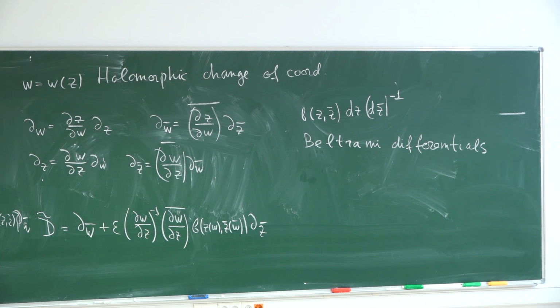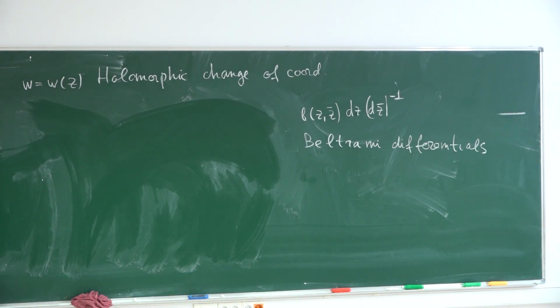So, first observation: some Beltrami differentials may generate a trivial transformation. Now, let's check. Assume that we make a change of coordinates.